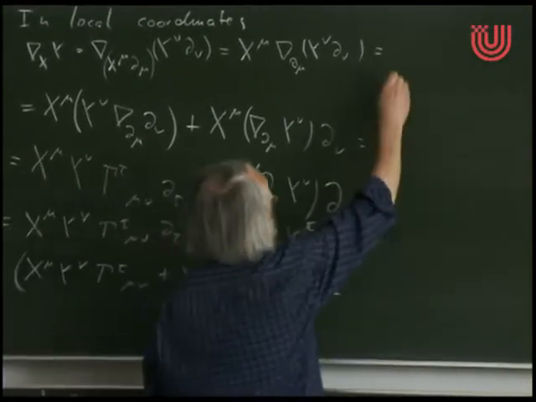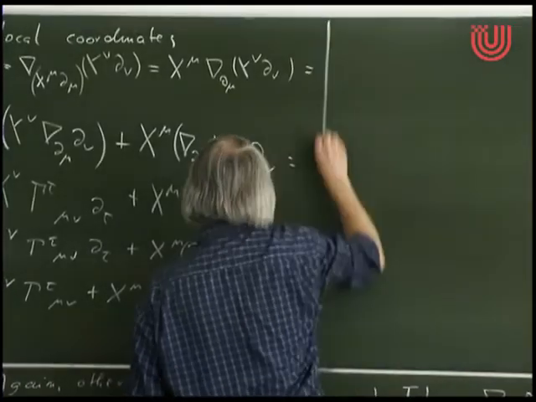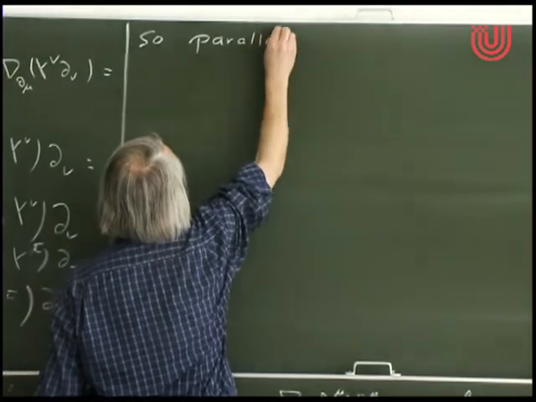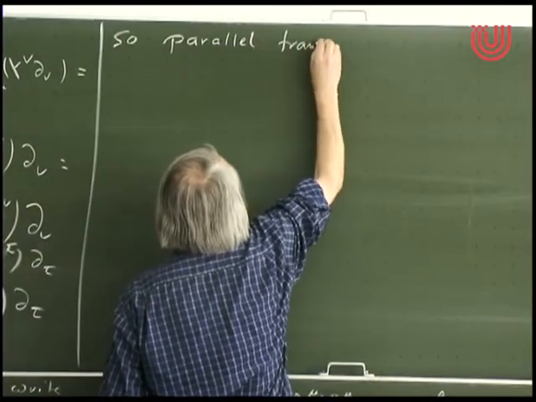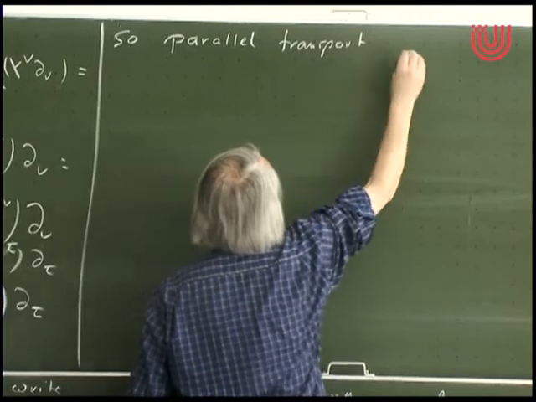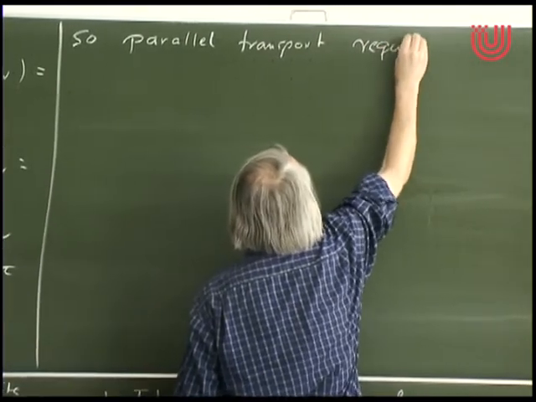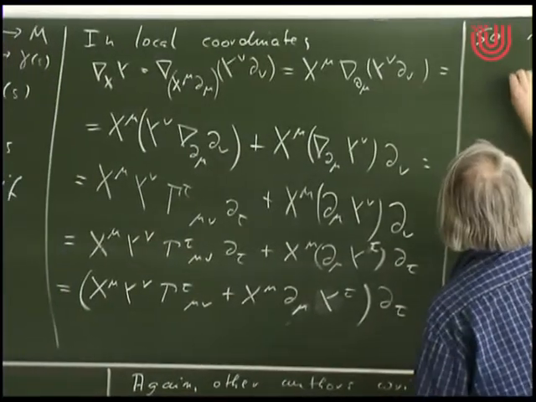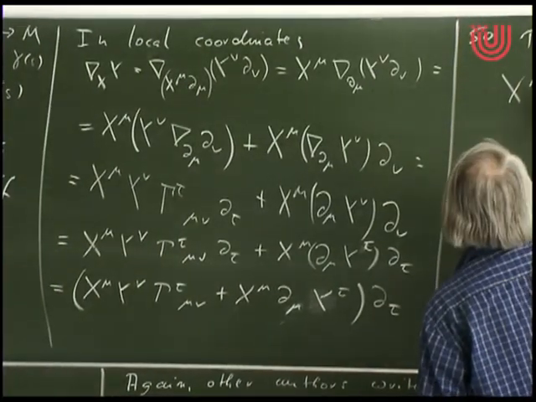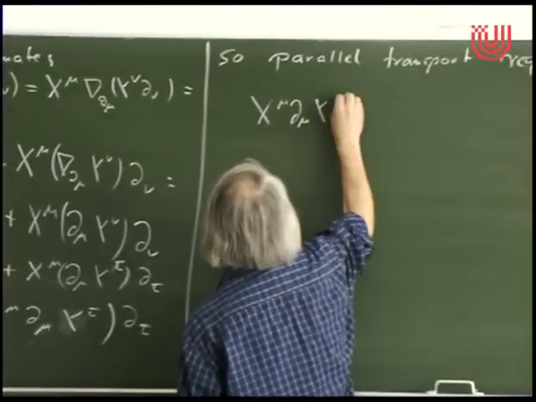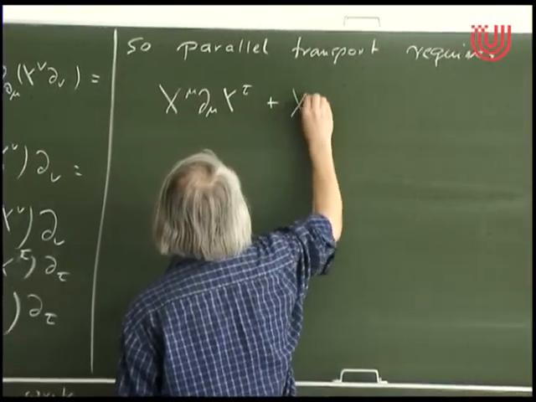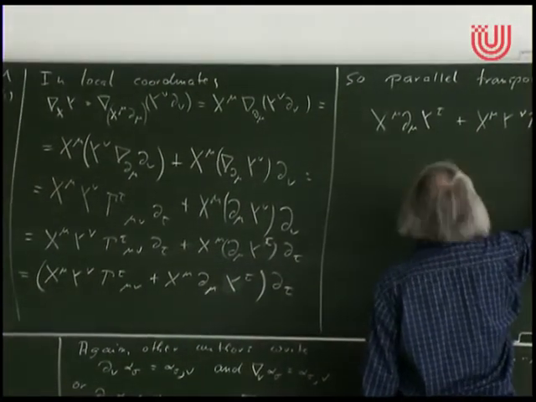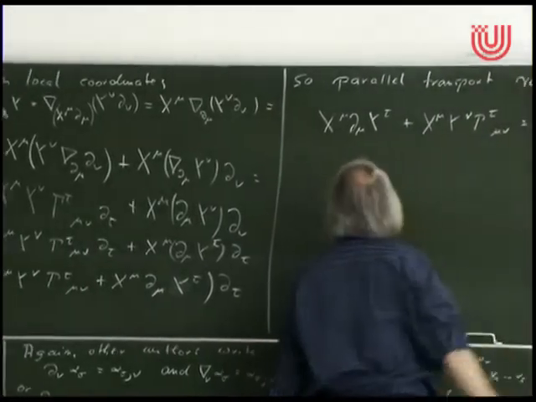So parallel transport requires what? It requires that this bracket is 0. So it means x^μ ∂_μ y^τ plus x^μ y^ν Γ^τ_μν is 0.